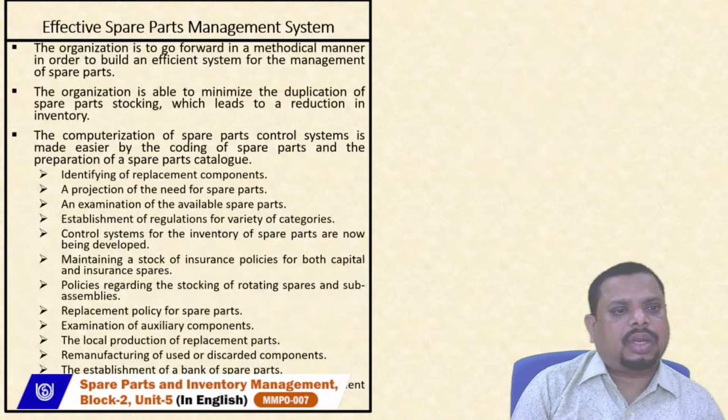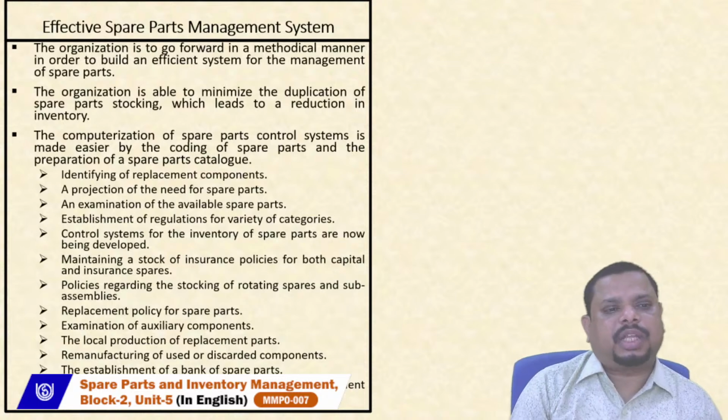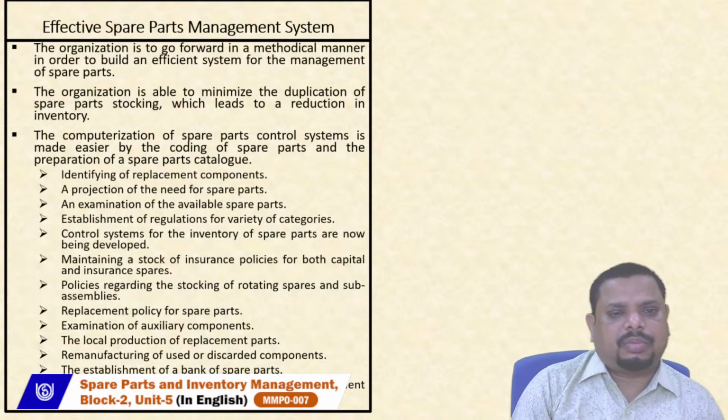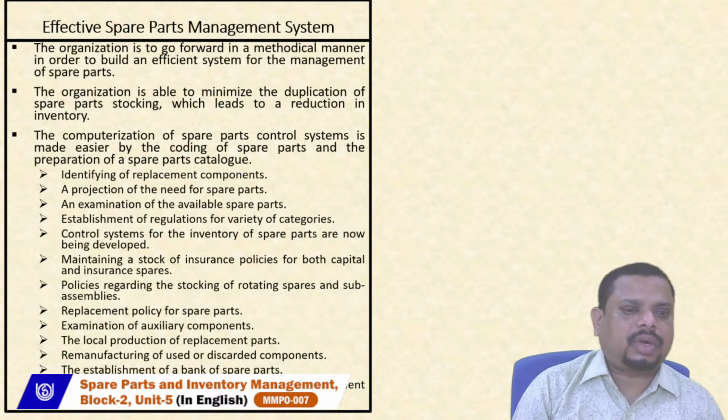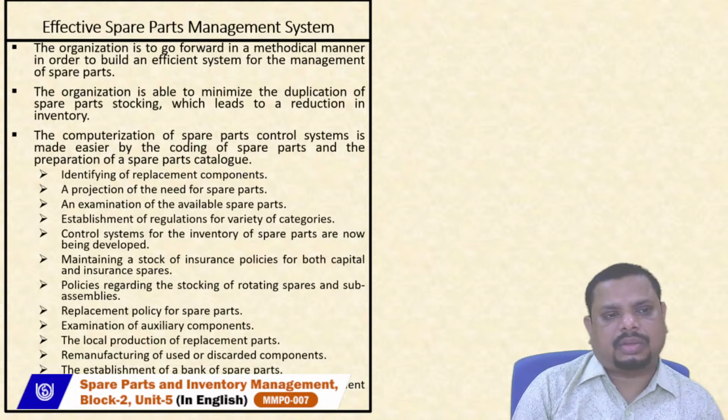Moving to the next one. The next one is effective spare parts management systems. So in the previous section, we understood how software or information systems help to establish a larger amount of communication between a number of workstations or maintenance workstations, then local warehouse, and finally central warehouse, and the last one is the number of suppliers.